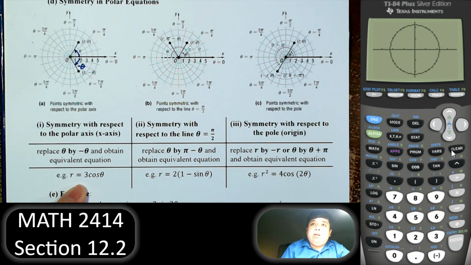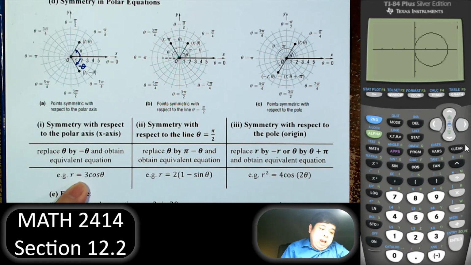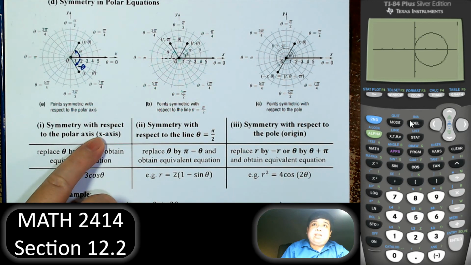For example, if we're talking about r equal to 3 cosine theta, which is that circle, right? And this is symmetric with respect to the x-axis.